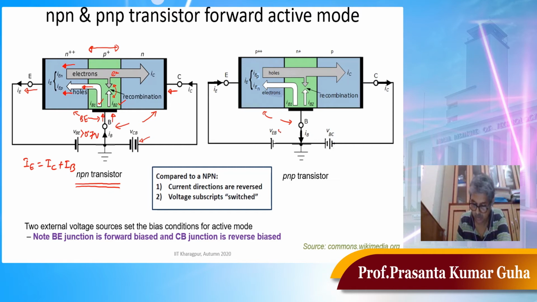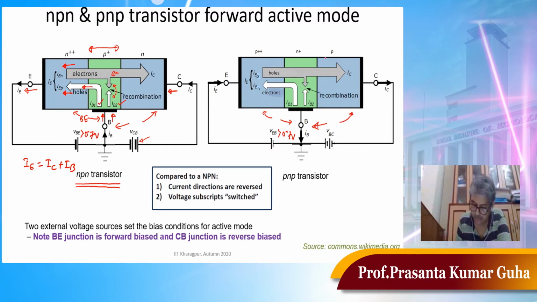What about the base collector junction? The negative terminal of the battery is connected to collector, that is the P, and the positive terminal of the battery is connected to base, that is N. So you see this particular junction is reverse bias, right?